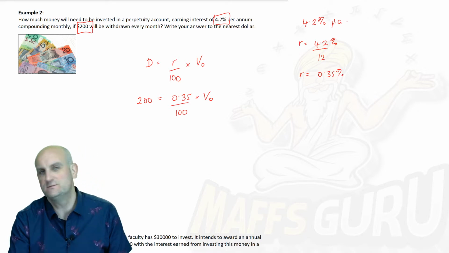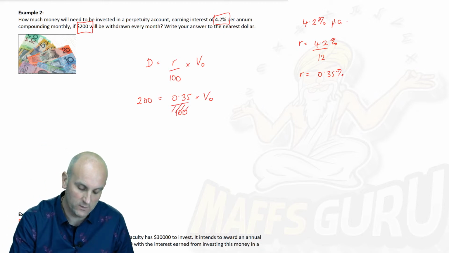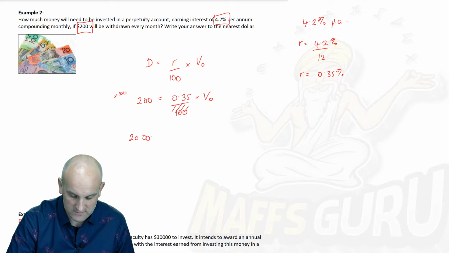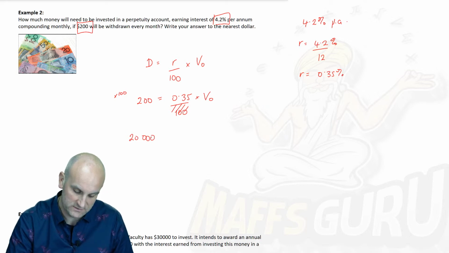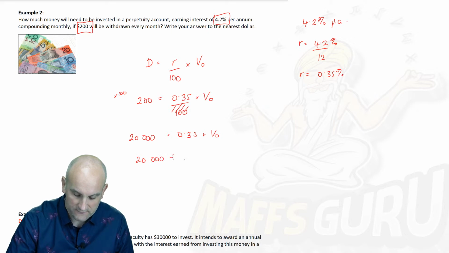So I can use my solve function, but what I'm going to do is times both sides by 100, and that's going to give me 20,000 is equal to 0.35 times V0. Then I'm going to do 20,000 divided by 0.35, because if I have a times, I can move it to the other side by dividing, which gives me my value of V0.